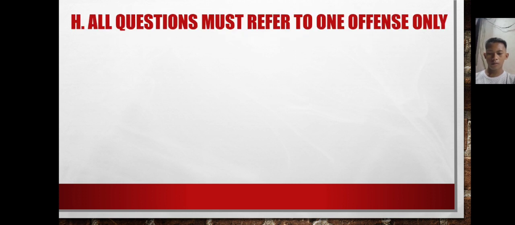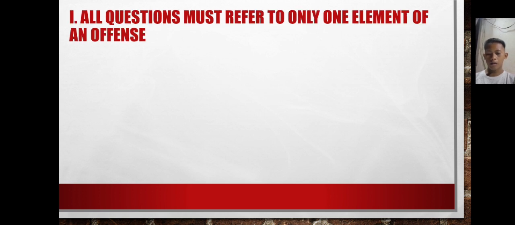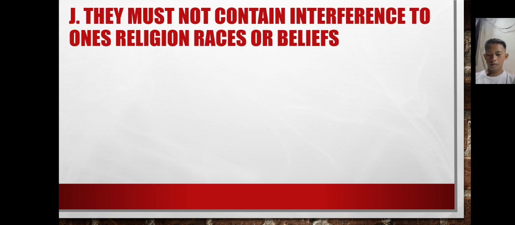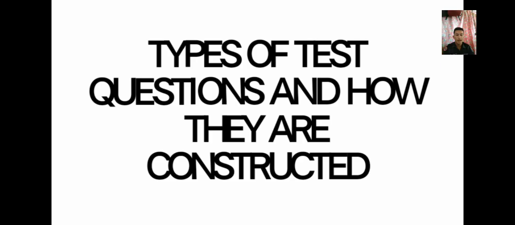H. All questions must refer to one offense only. I. All questions must refer to only one element of an offense. J. They must not contain interferences to one's religion or belief. That's all. Attorney, my topic is all about types of test questions and how they are constructed.